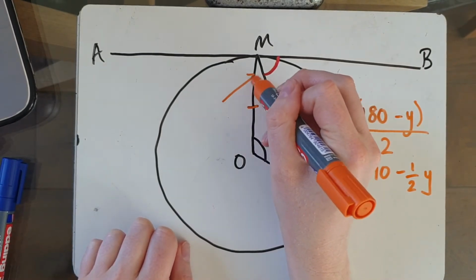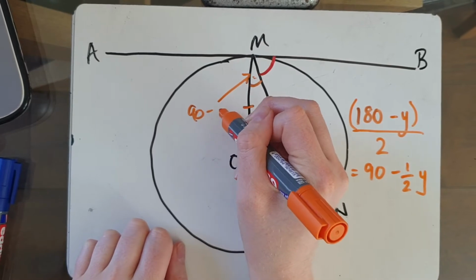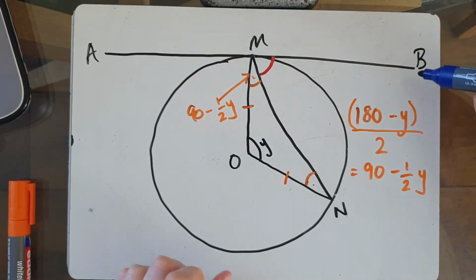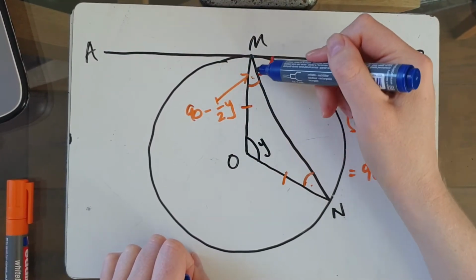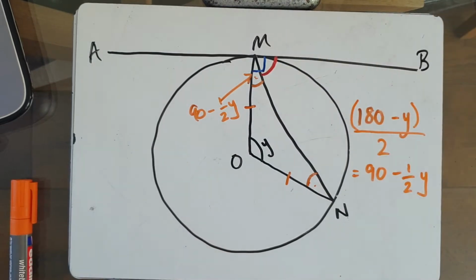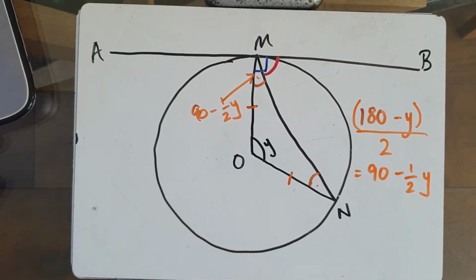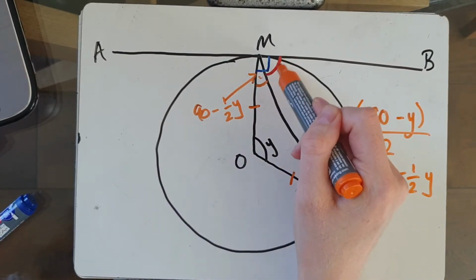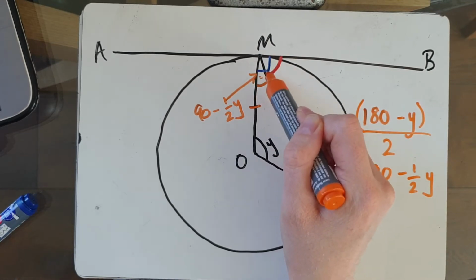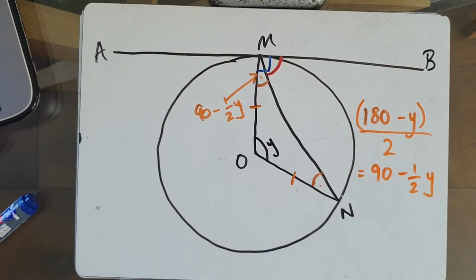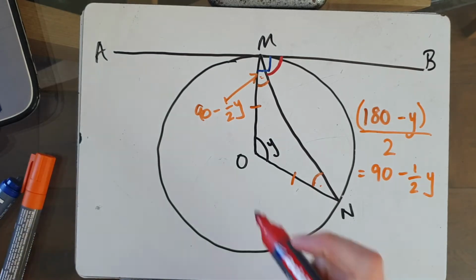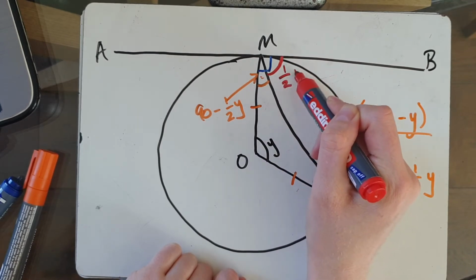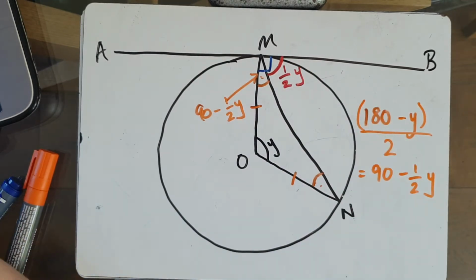So this angle here is 90 minus a half y. This is a tangent and this is the radius, so this is 90. So this orange angle, 90 minus a half y, plus this red angle must make 90 degrees. The only way for that to be the case, we've got 90 minus a half y, we need to then plus a half y to make that work.